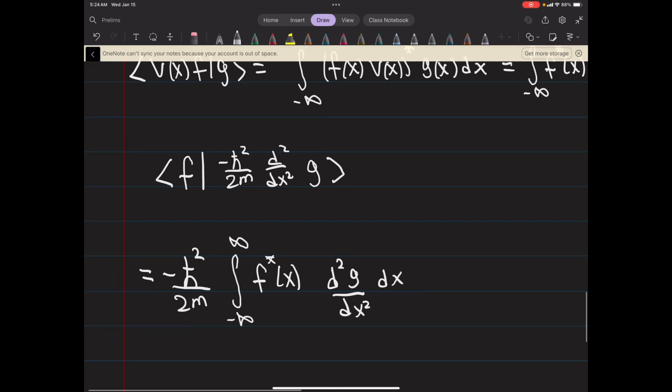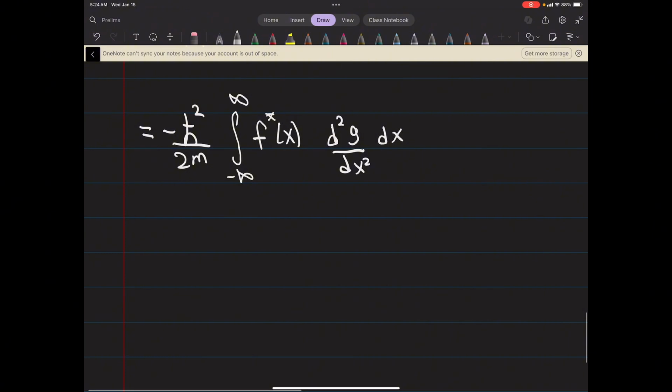Just to remind you, uv minus the integral of v du is the formula we're going to be using.